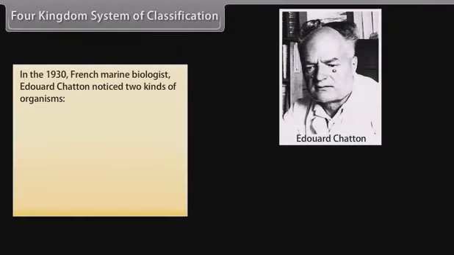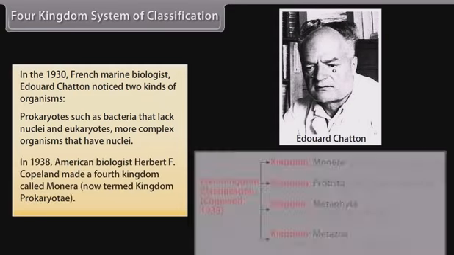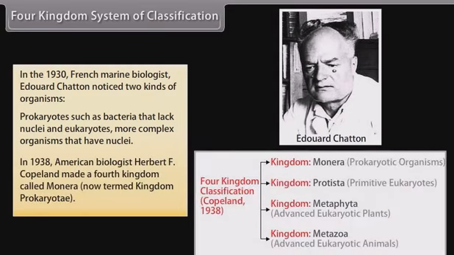In the 1930s French marine biologist Edward Chatton noticed two kinds of organisms, prokaryotes such as bacteria that lack nuclei, and eukaryotes, more complex organisms that have nuclei. In 1938, American biologist Herbert F. Copeland made a fourth kingdom called Monera, now termed Kingdom Prokaryote.